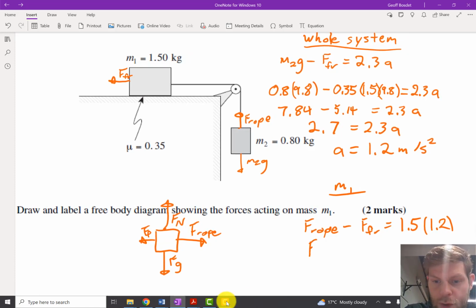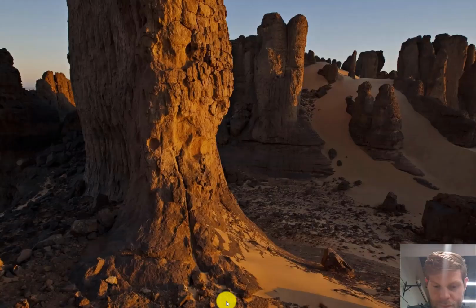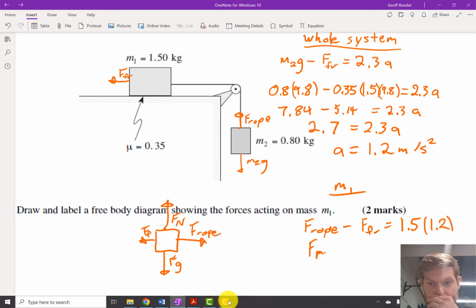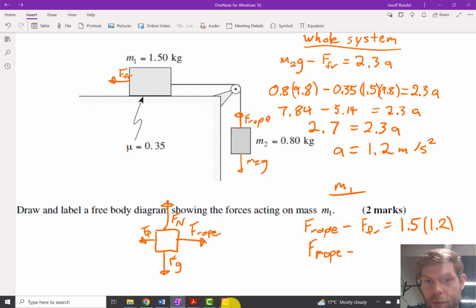Now, F rope stays the same. The force of friction we solved for earlier, it was 5.14.